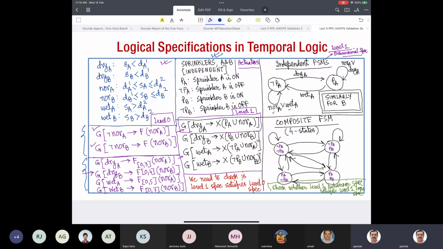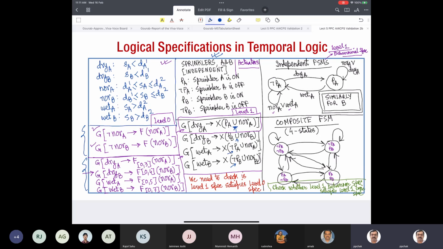We said that globally dry A implies in the next state, PA is true until it becomes normal, that means sprinkler A is on until it becomes normal. Similarly, if it is dry, sprinkler B is on until it becomes normal. If it is wet, sprinkler A is off until it becomes normal. If field B is wet, then sprinkler B is off until it becomes normal.